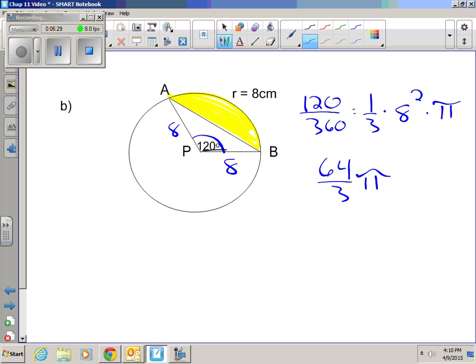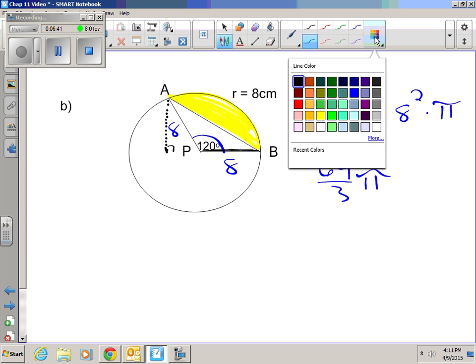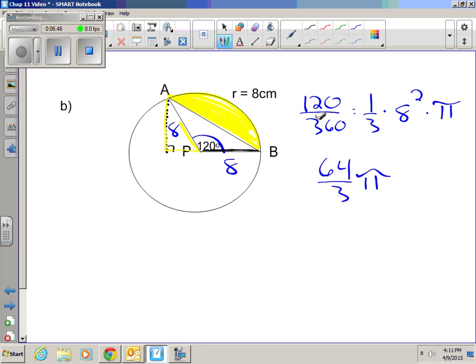Well, I have a base of 8. I do not have the height yet. The height has to be perpendicular to the base. Well, pretty cool here. What I have just drawn is a 30-60-90 right triangle right here, because if this is 120, that means this angle right here must be 60. So using what we know about 30-60-90 right triangles, if the hypotenuse is 8, this side would be 4, and the height is going to be 4√3.